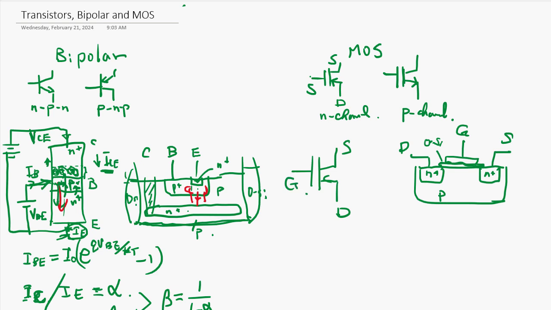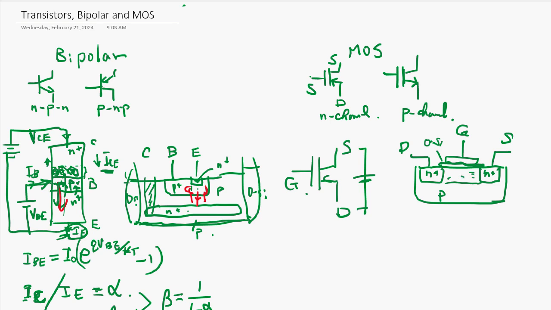So if you do this, what happens is when you apply voltage between source and drain, there is a depletion layer. This area will be depleted because this is NP, this is reverse polarity.